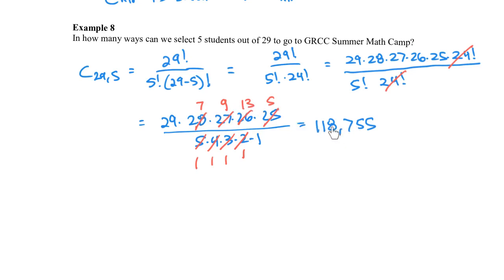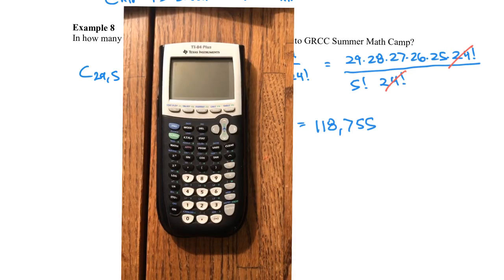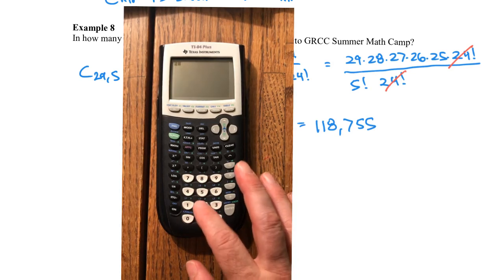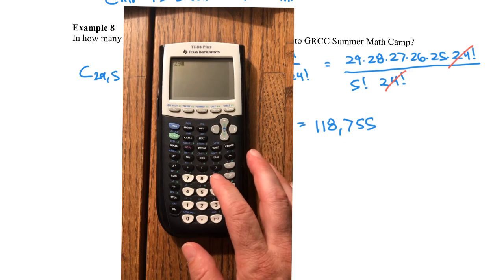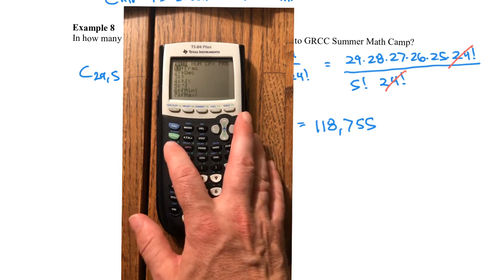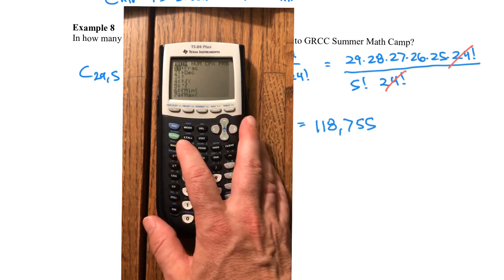Like I said, we do a couple of them just so you know how to use it, but we're really going to use the calculator. So let's take a look at how we would do this on the calculator. We want to find the number of combinations of 29 items taken 5 at a time. We press the 29 first, then we go to the math menu, and we go to probability.